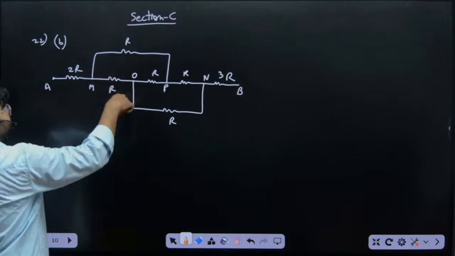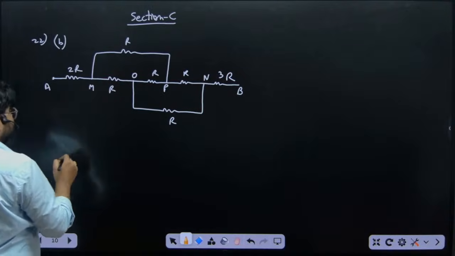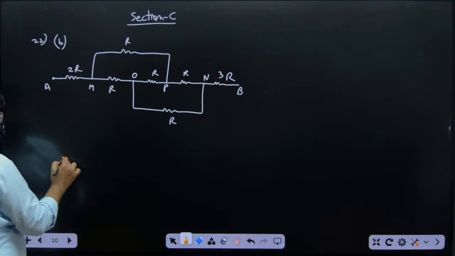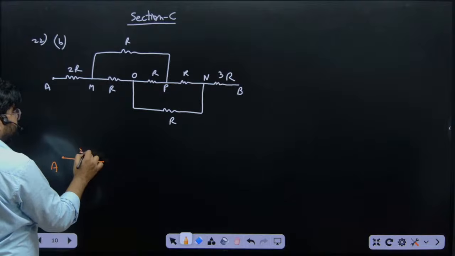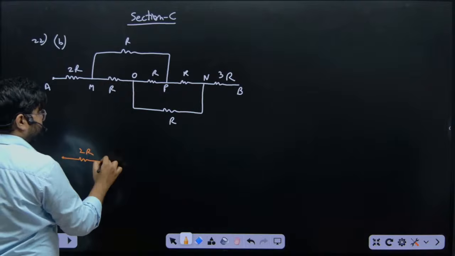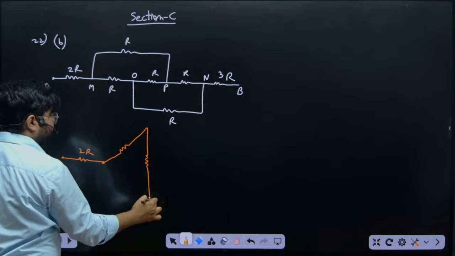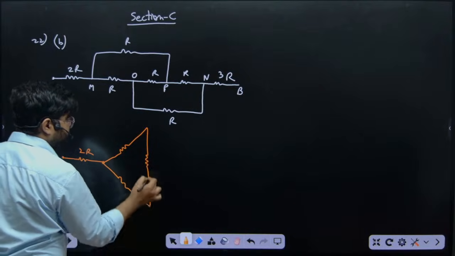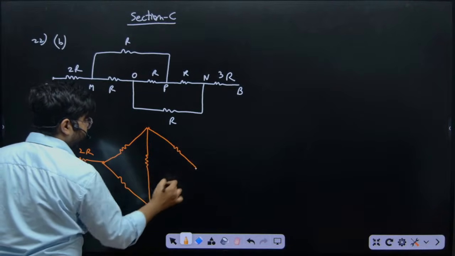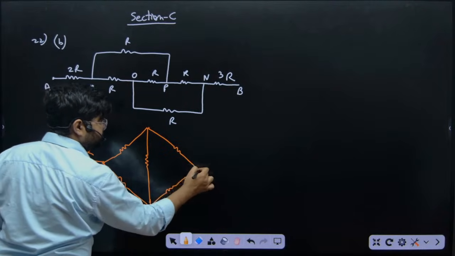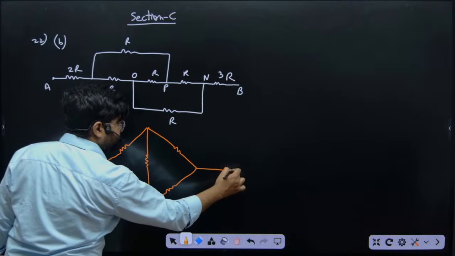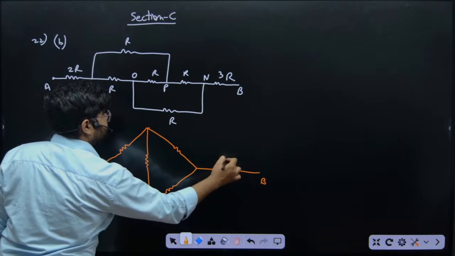So this is obviously a Wheatstone bridge, but let me redraw the circuit. So A, then this is 2R. This we will draw in the form of a Wheatstone bridge. And then B, this is 3R.